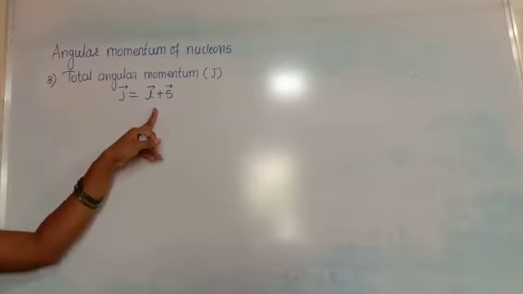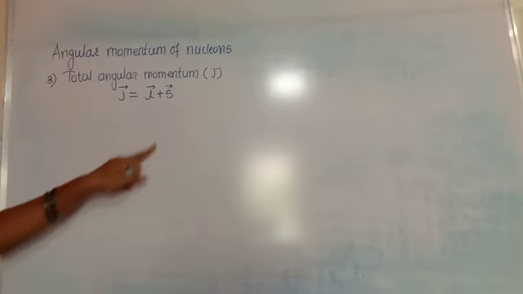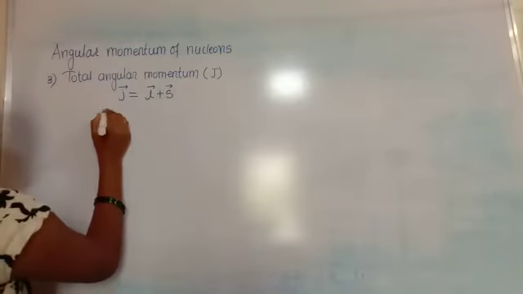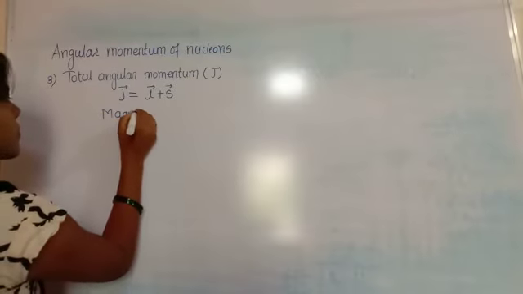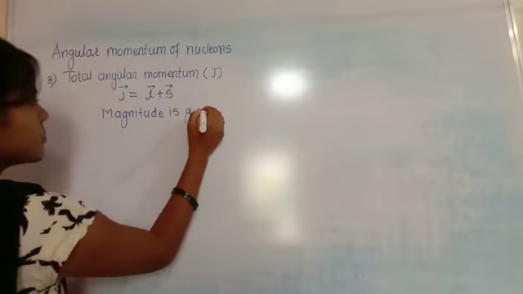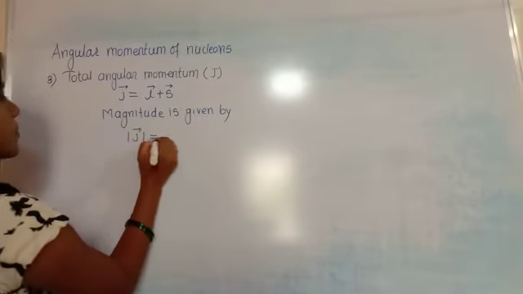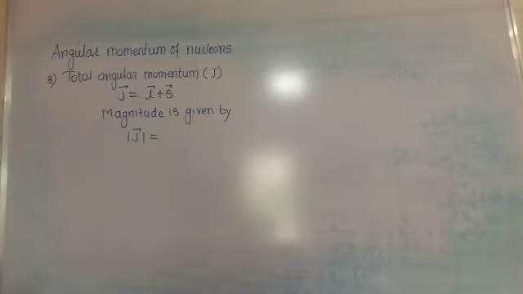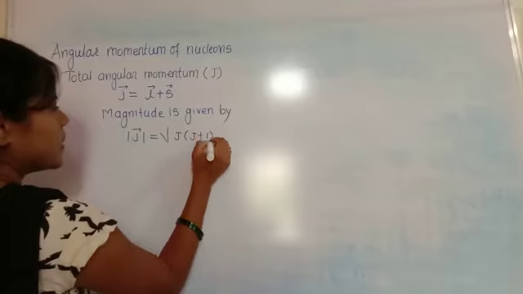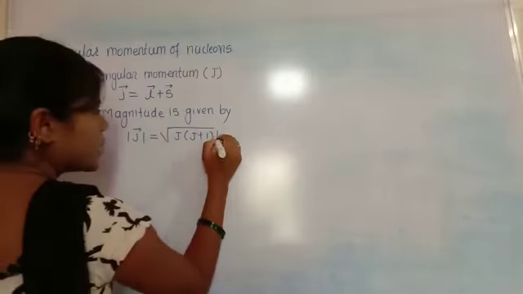That is the vector sum of the orbital angular momentum and the spin angular momentum, and the magnitude of the total angular momentum of the nucleus is given by mod of J equals the square root of j into j plus 1, times h cross.